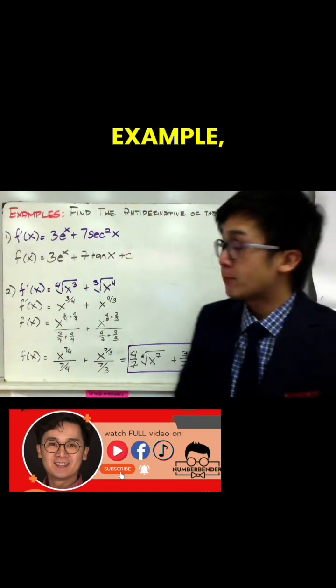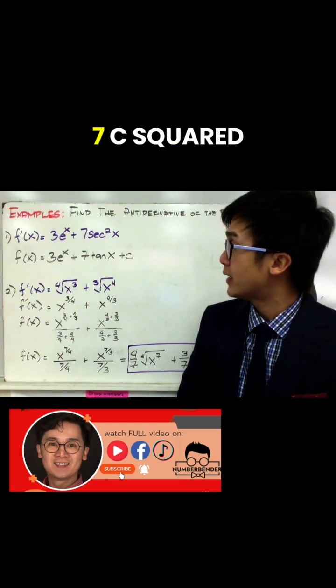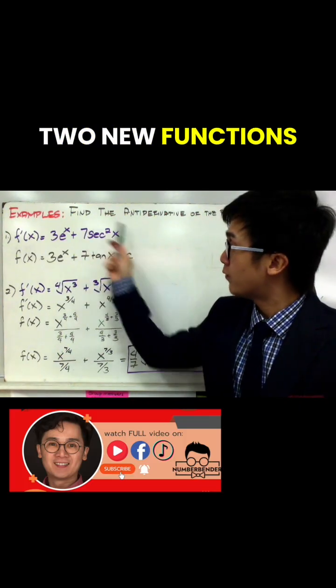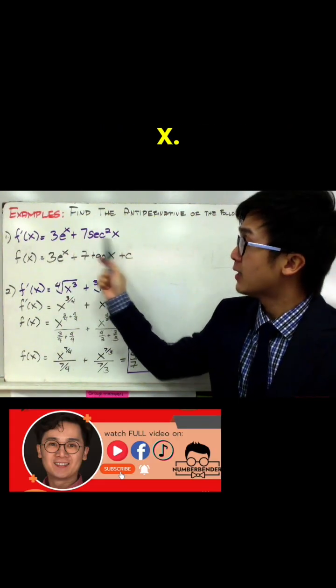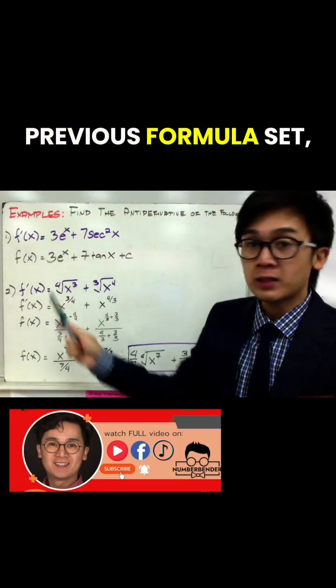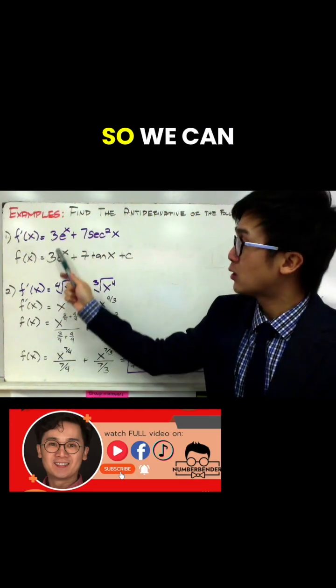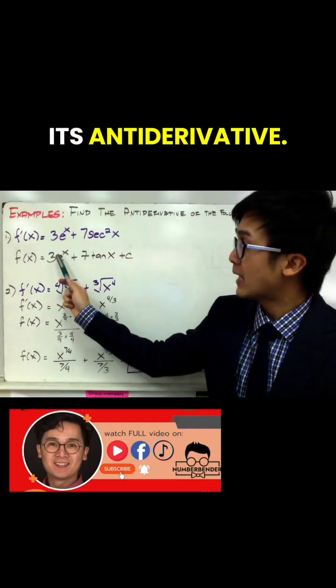For our first example, we have f prime of x is equal to 3e to the x plus 7 secant squared x. So there are two new functions that we are working on, and that's e to the x and secant squared x. From the previous formula set, the antiderivative of e to the x is simply e to the x, so we can have 3e to the x for our first term in finding its antiderivative.